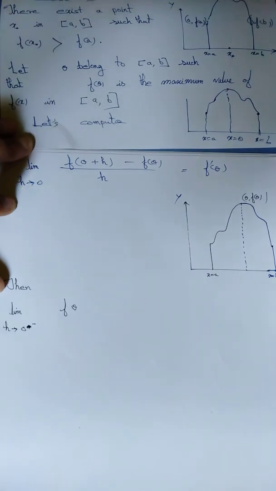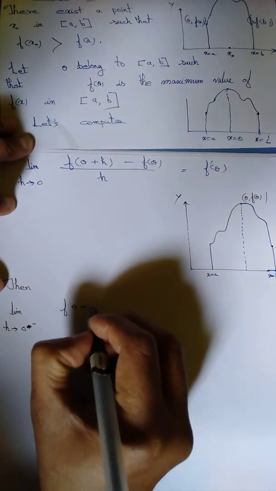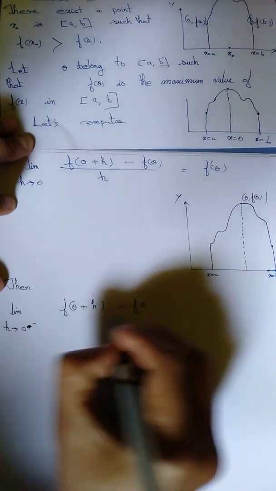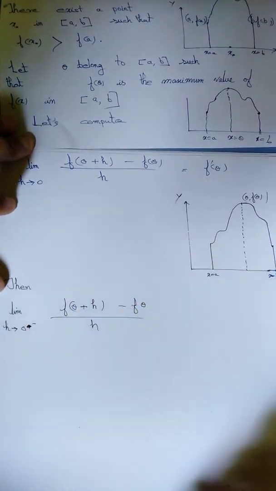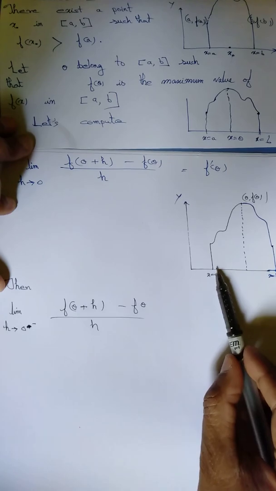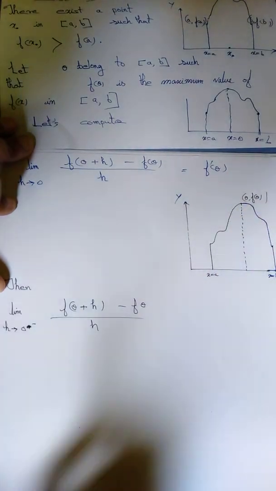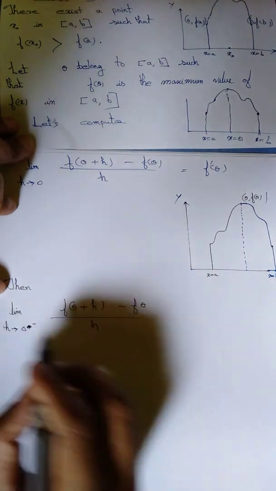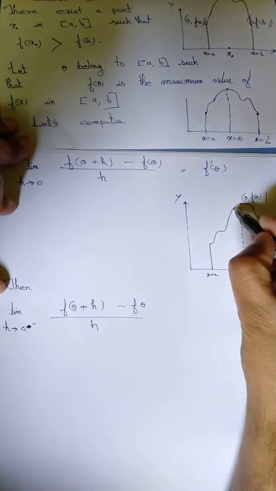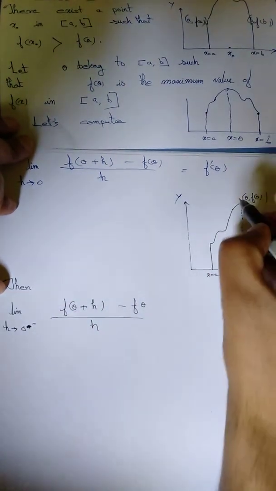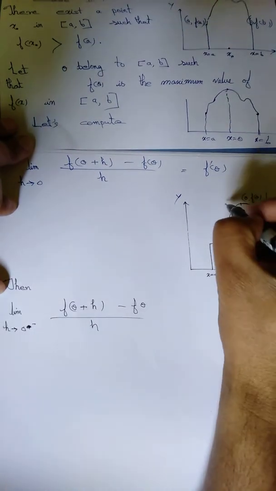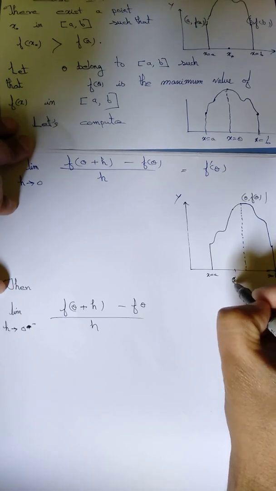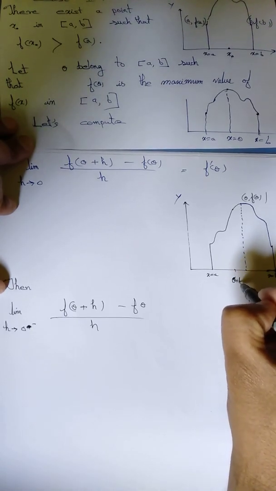Let's do h tends to 0 minus, f of theta plus h minus f theta by h. That means just move from the left hand side. What can you say about f theta plus h? Somewhere here you have got theta plus h here.